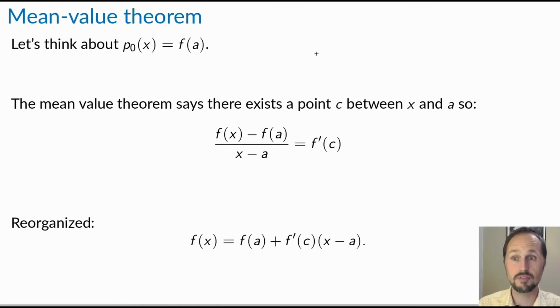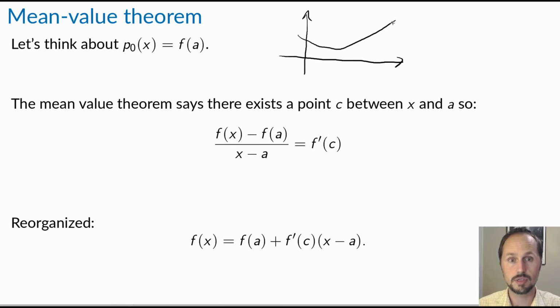So what we have here is the mean value theorem. I'm going to pretend that the mean value theorem is talking to us about the 0th order Taylor approximation. So let's think about what the mean value theorem says. Let's say I have some function here.